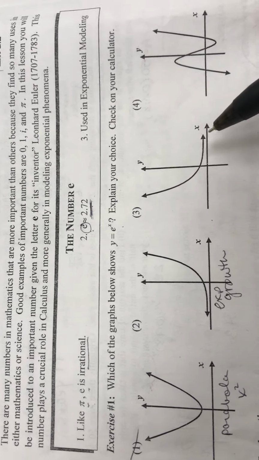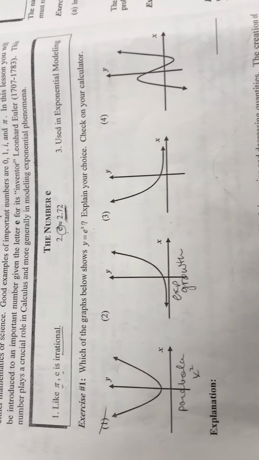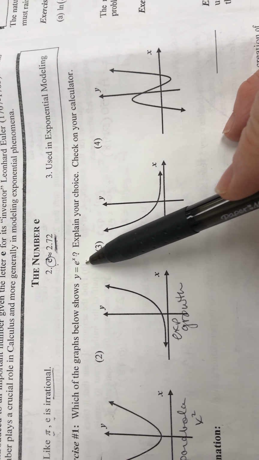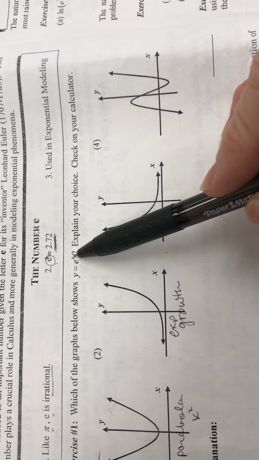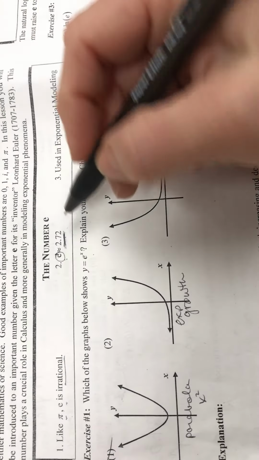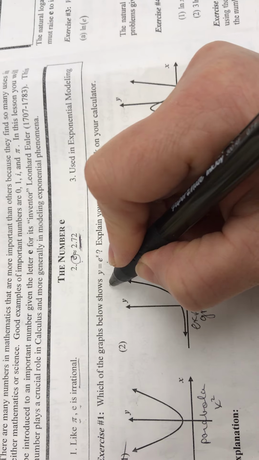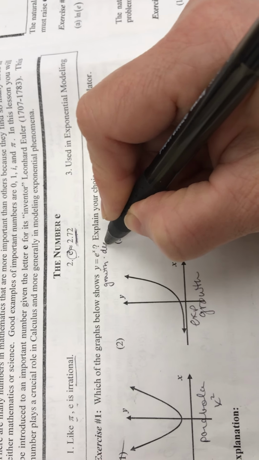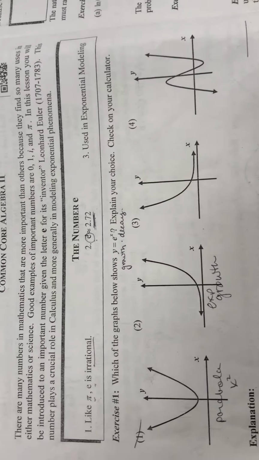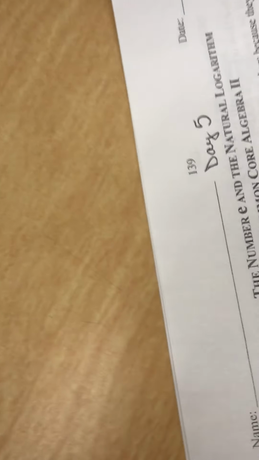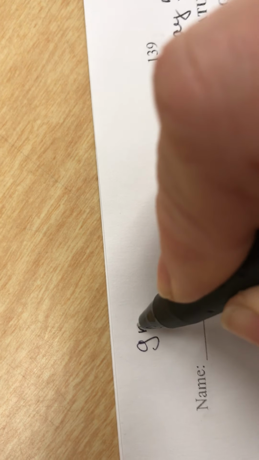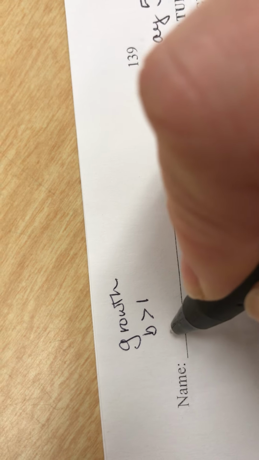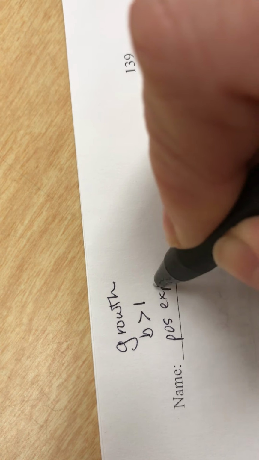So I started this and had to restart the video, so some of this is written on. But it's asking which one of these is an e to the x, an exponential. We already learned that there are such things as exponential growth and exponential decay, and that is all based on two specific things. Last unit you learned that if it was a growth, then the b value was always greater than 1 and it had a positive exponent.